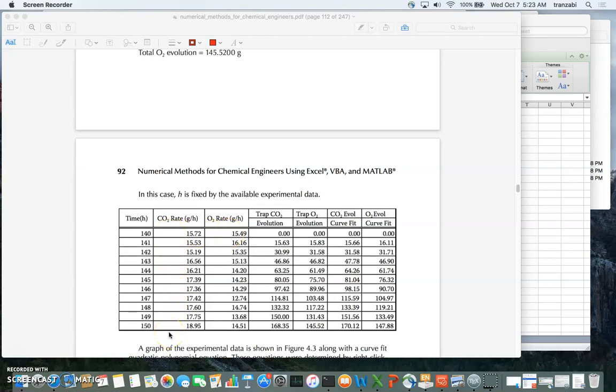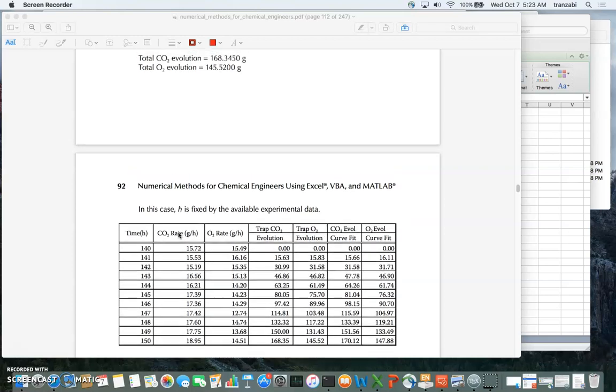Okay, so we want to calculate the total volume or the total mass of CO2 and oxygen that is used and produced using trapezoidal integration.